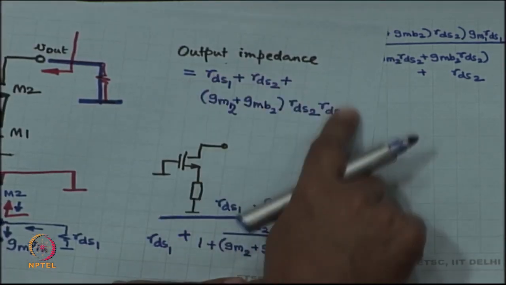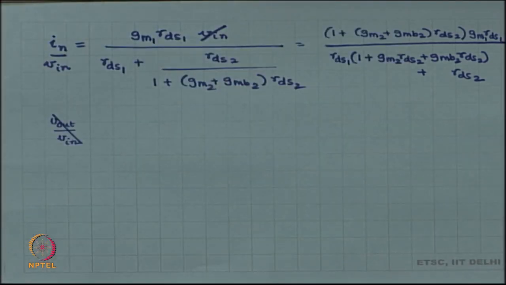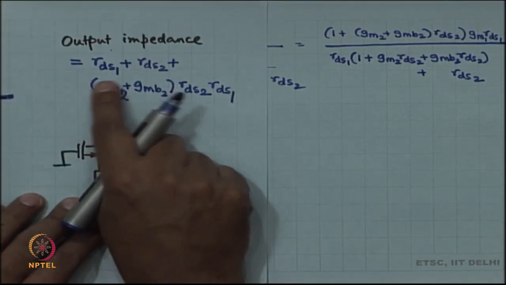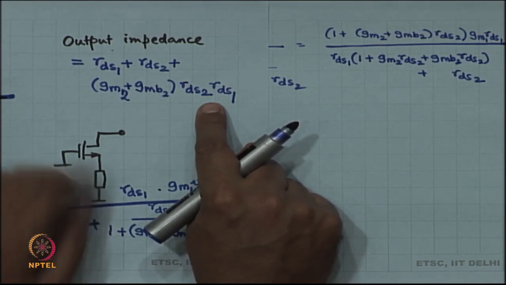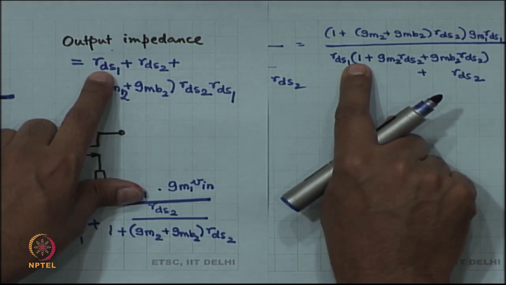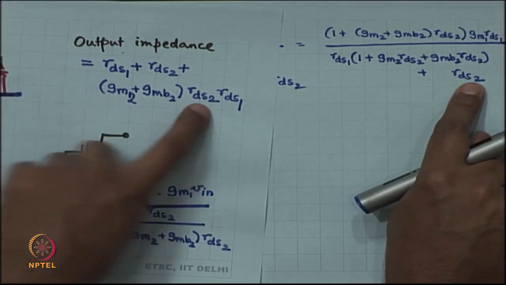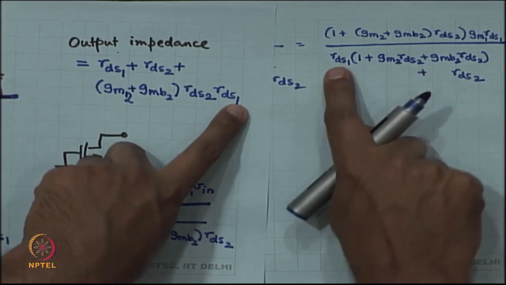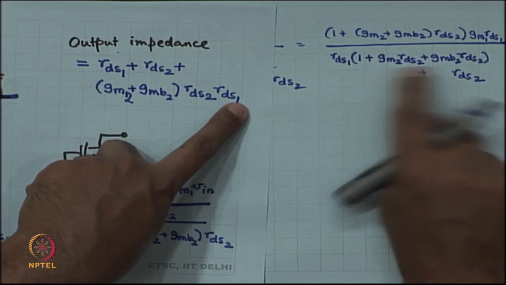So, it is this output impedance in parallel with the load impedance. Now, notice something, this output impedance over here happens to be RDS1 plus RDS2 plus GM2 RDS2 RDS1 plus GMB2 RDS2 RDS1.